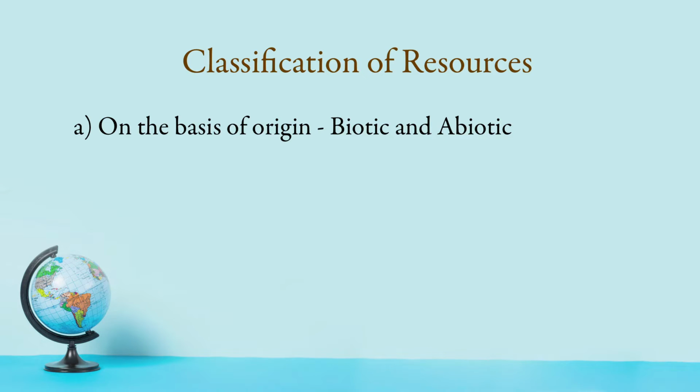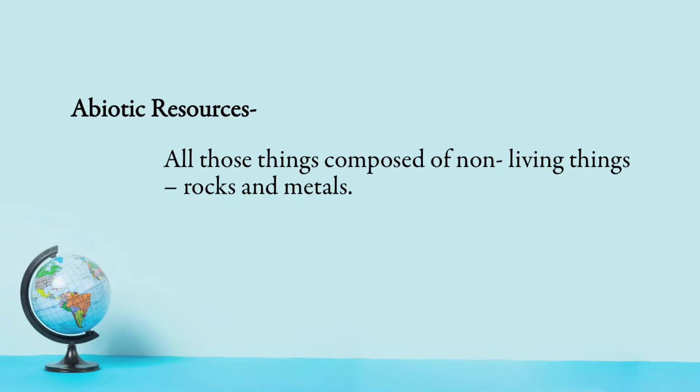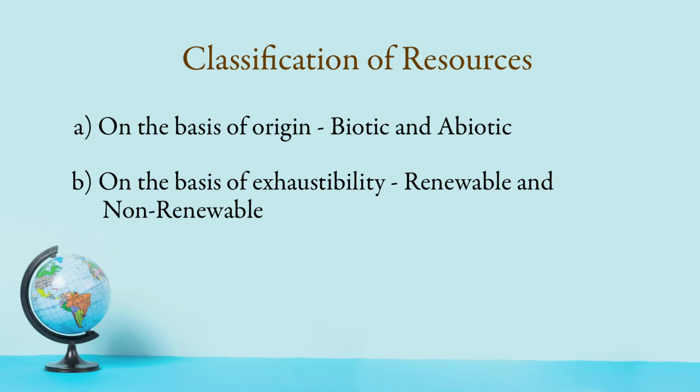Resources are classified on the basis of origin into biotic resources, which are living resources, have life, and are obtained from the biosphere. Can you name some biotic resources? Abiotic resources are composed of non-living things like rocks, minerals, land.